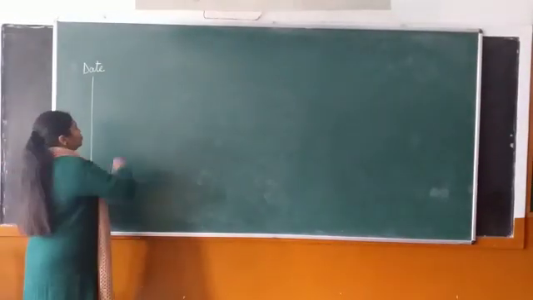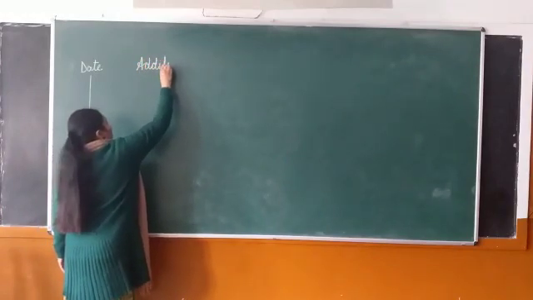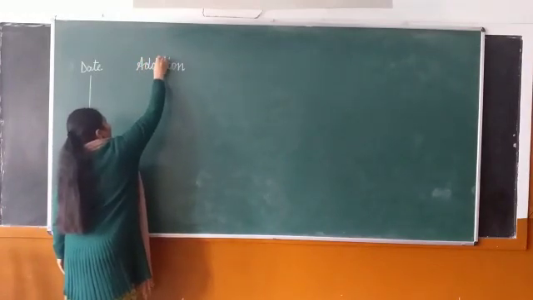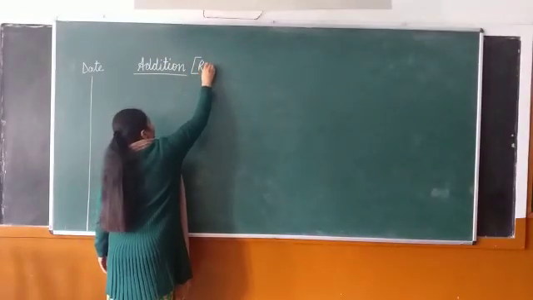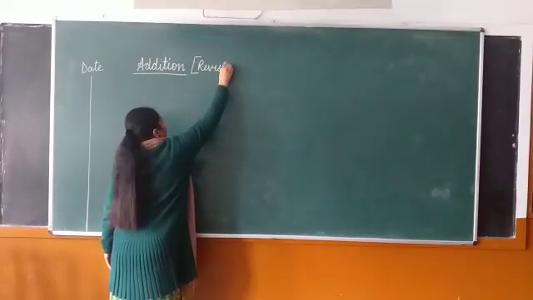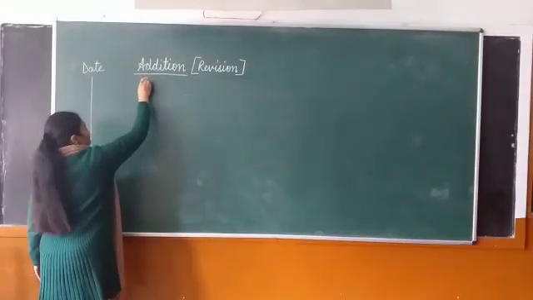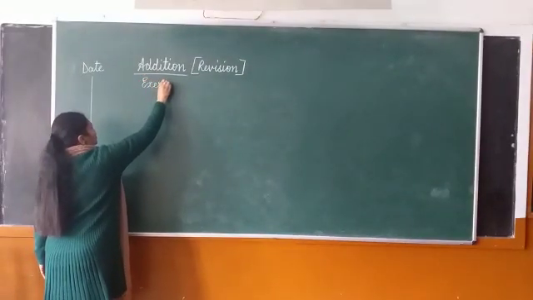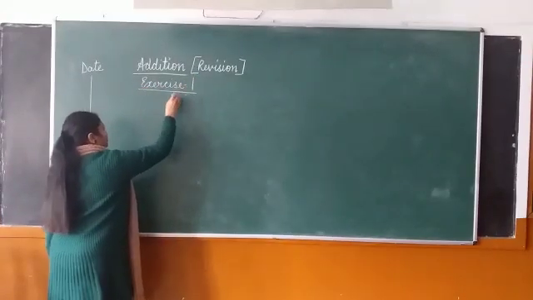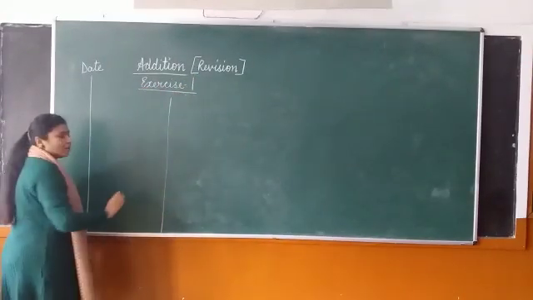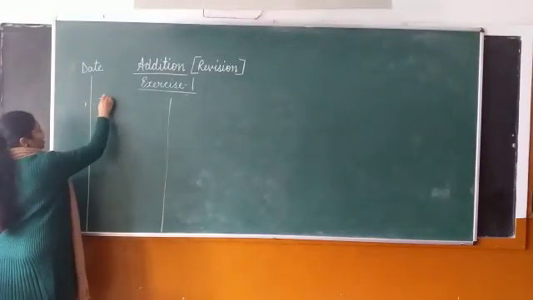Now ma'am will give you addition and this is your revision. Now you write exercise 1. Draw a line in the center of the page, then leave a line and write TO.